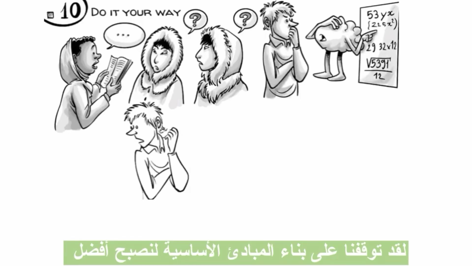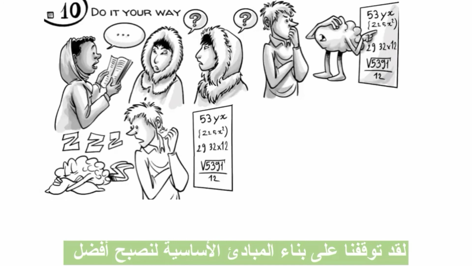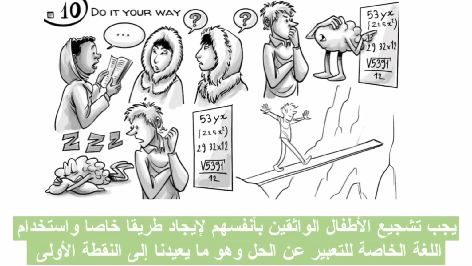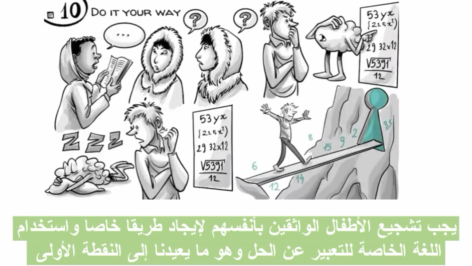Whenever we do that, we stop constructing fundamental principles inside our heads. To get better and confident, children should be encouraged to find their own path and use their own language to express a solution. Which brings us back to Rule 1.